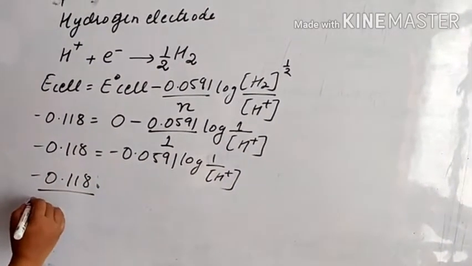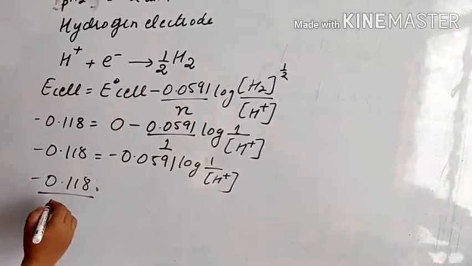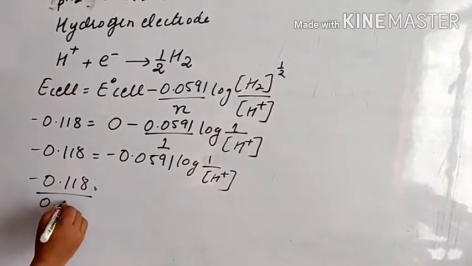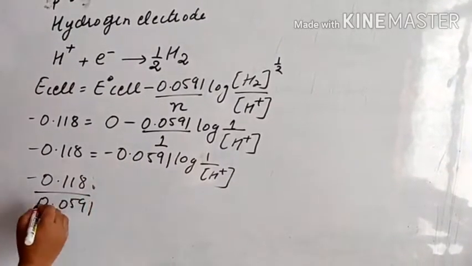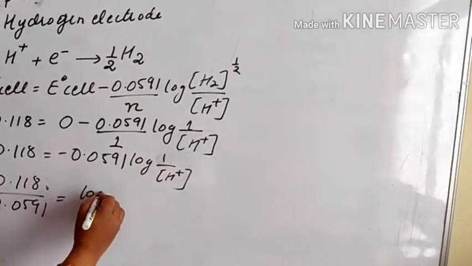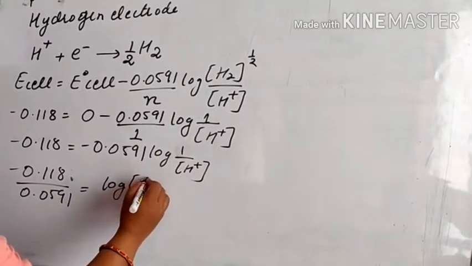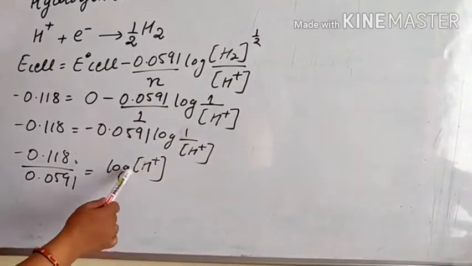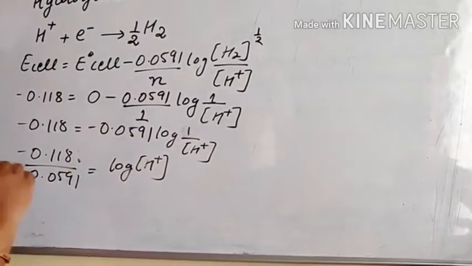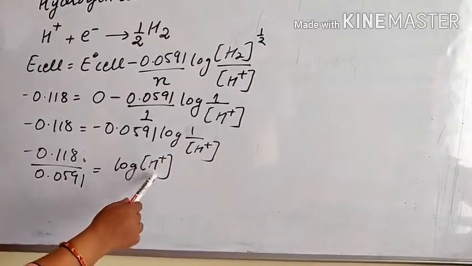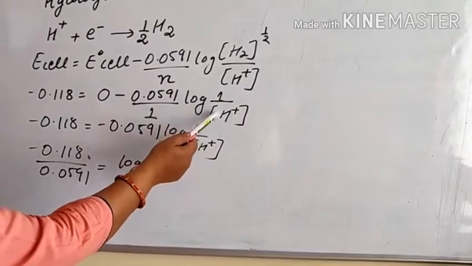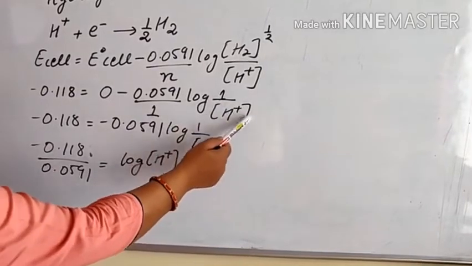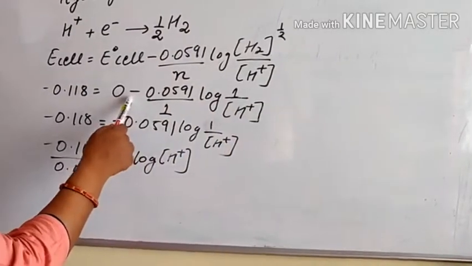upon 0.0591 is equal to log of H+. Why I have written this: it was log of 1 upon H+, and I have replaced it by log of H+, because if I shift this H+ to the numerator, the sign will become positive.